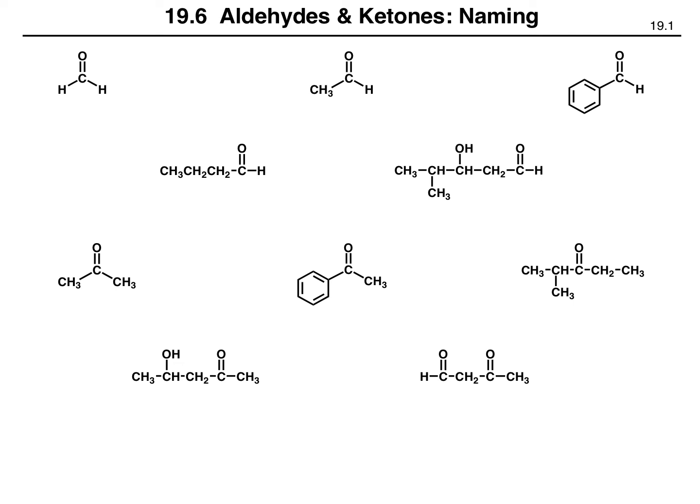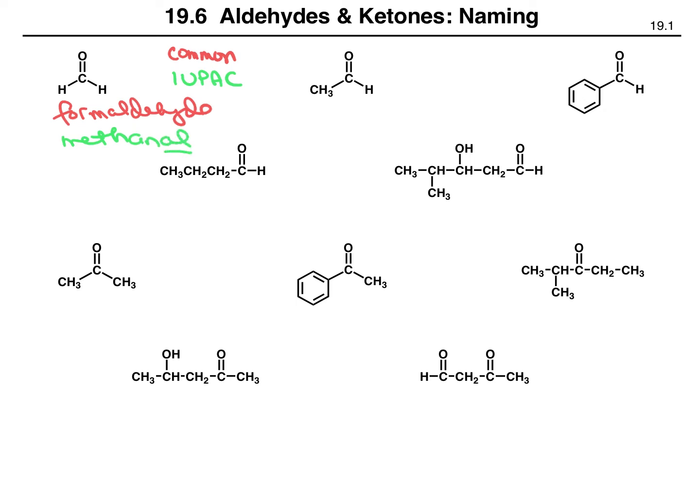When it comes to naming aldehydes and ketones, we could use the common name or we can use an IUPAC name. So for the simplest aldehyde with only one carbon, the common name is formaldehyde. The IUPAC name is methanal. Meth means there is one carbon.